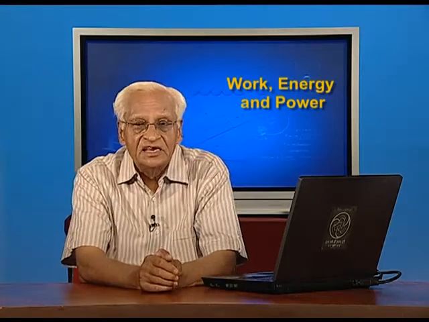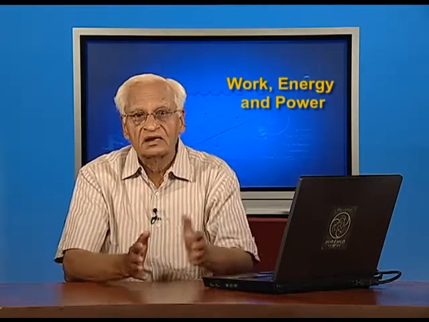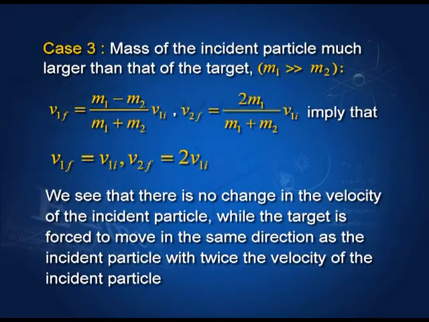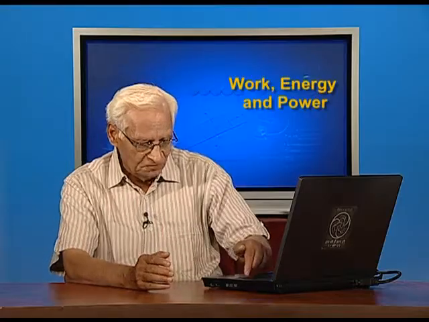And case 3 is when a very heavy particle collides with a very light particle. You can see V1F is equal to V1I, that is, the velocity of the incident particle remains intact, whereas the velocity of the target particle is equal to twice the velocity of the incident particle. I will show you the figure here.